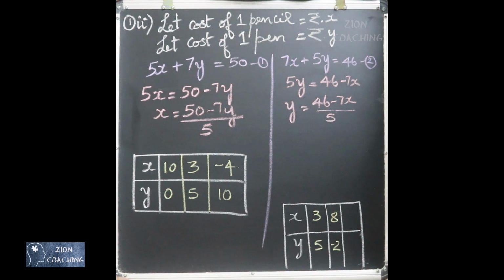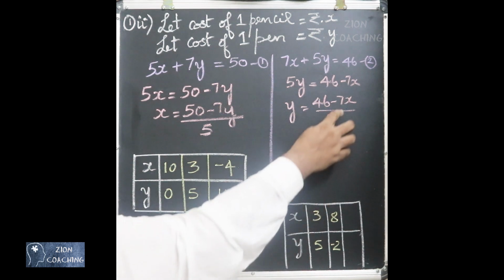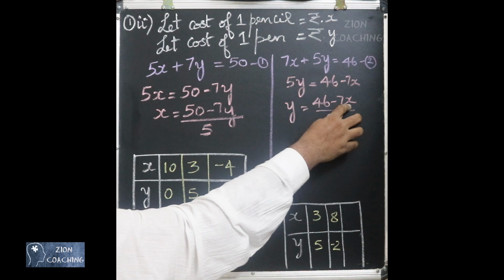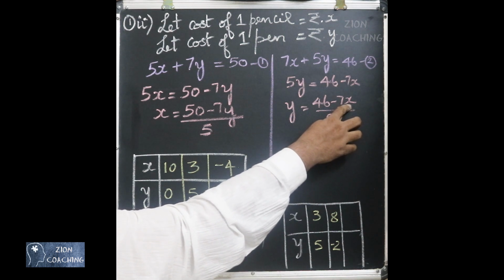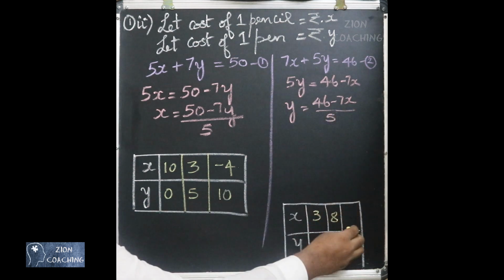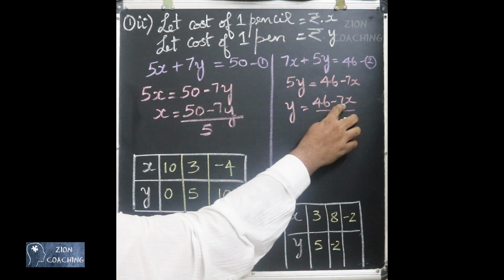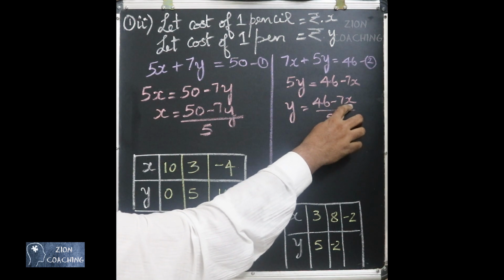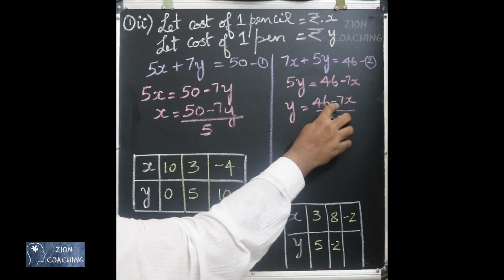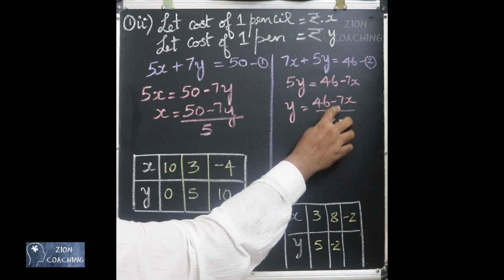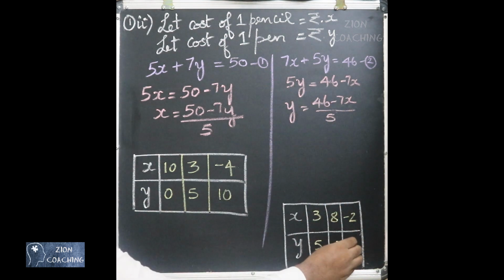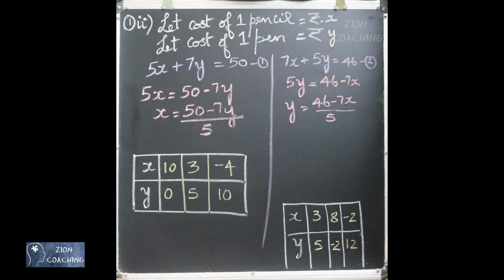Then we will try with some negative values also. We can give some negative values also for X. When you put minus 1, then it is not possible. But when you put minus 2, give minus 2 in the place of X, then minus 7 into minus 2 will be plus 14. 46 plus 14 is going to be 60. 60 divided by 5 is 12.